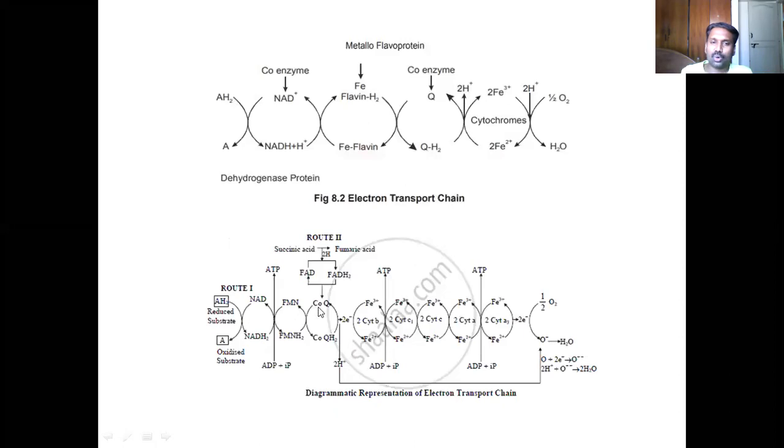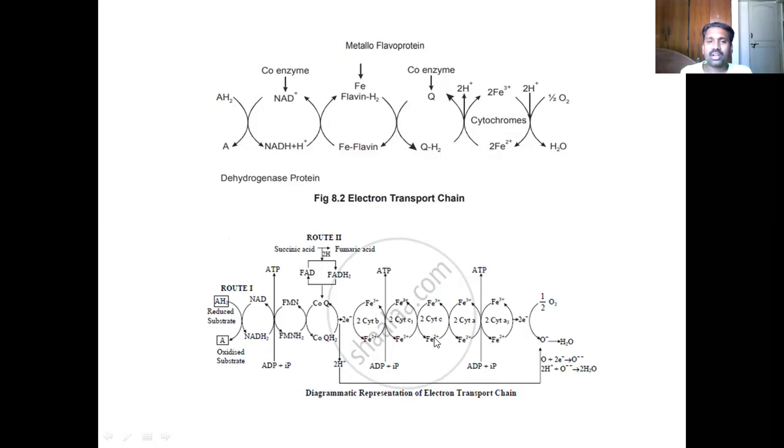From FMN, they go to coenzyme Q. From coenzyme Q, they go to cytochrome B. And cytochrome B contains a metal atom, iron. When the electrons are accepted by the iron, it becomes Fe2+. When the electrons are transferred to the next complex, the iron becomes Fe3+.